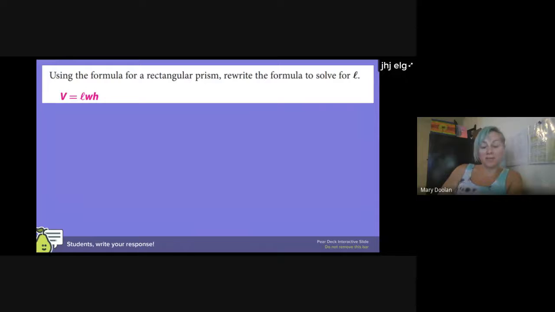You're going to type me an equation and be careful to keep your V capitalized and your L, W, and H lowercase. Solve that equation for L. If you want to show division, you can use the slash on the keyboard.